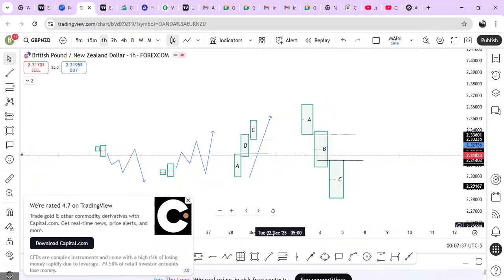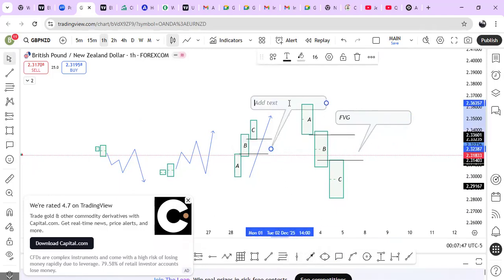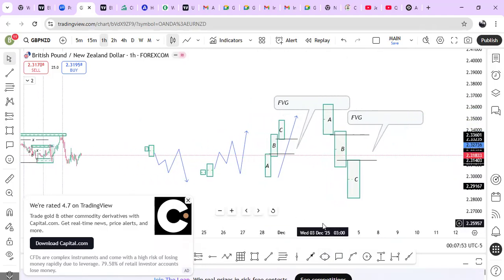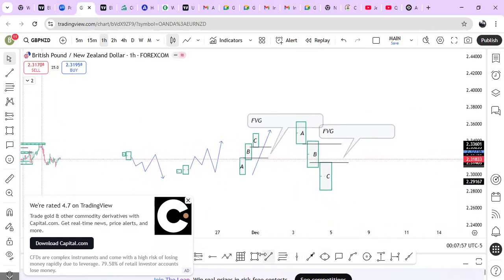This zone is what we call the fair value gap, FVG. Same thing here again, your FVG. So it's still a point of entry because you can anticipate price coming back into the zone to continue.